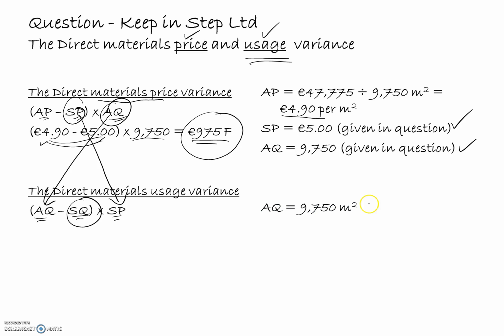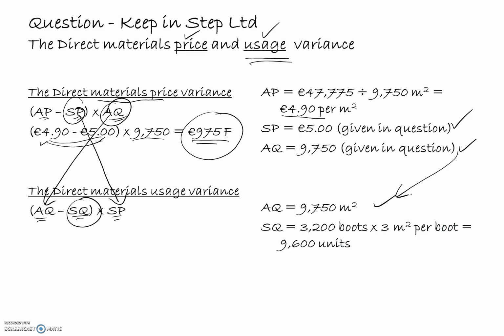I'll just go over that. The actual quantity, well, that's given. We have that from there. The standard quantity, we just discussed that. 3,200 boots were actually made, and we should use 3 square meters per boot. That's 9,600. And the standard price, of course, we have that as well.